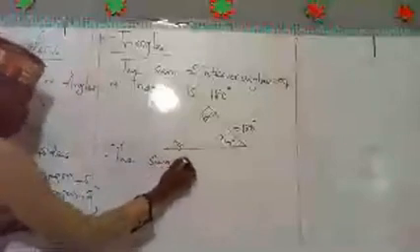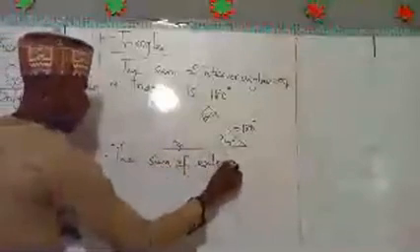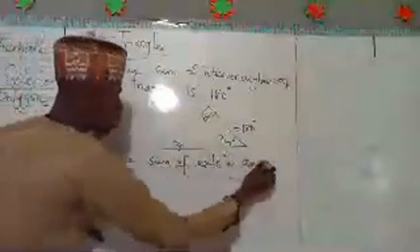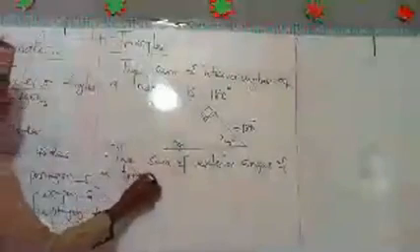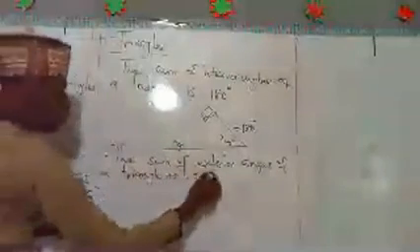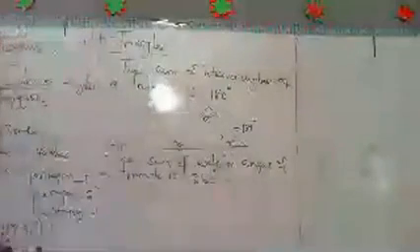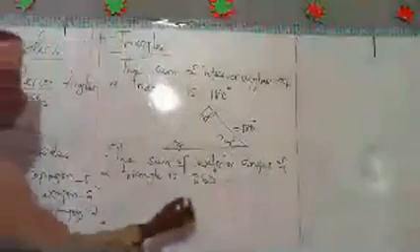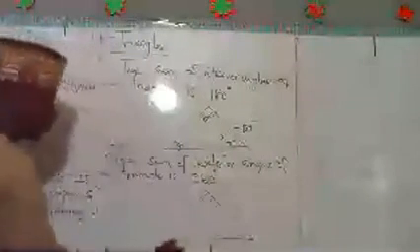The second one: the sum of exterior angles of a triangle as well is equal to 360 degrees. What do I mean by exterior? Let me draw a triangle again.